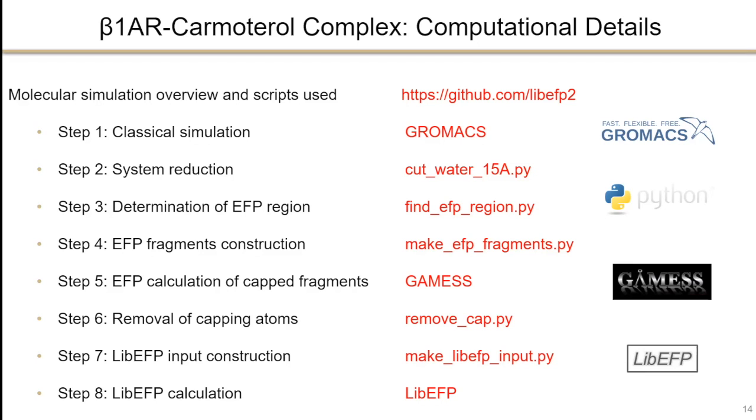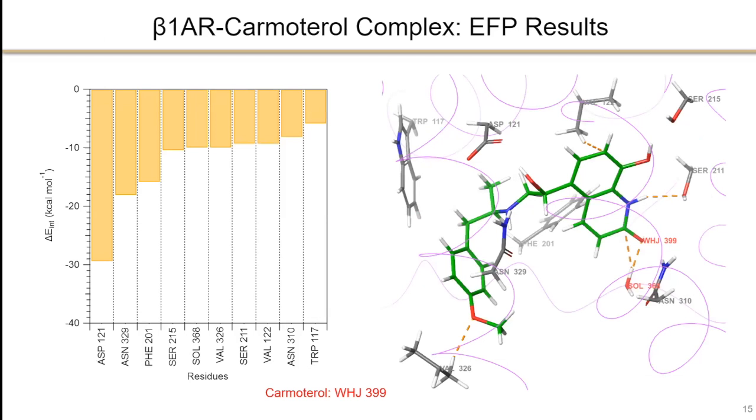Okay, now let me show you some of the results we got for this particular example. For the beta 1 AR carazolol complex, we calculated pairwise interaction energies. Here I'm showing you the 10 amino acids that have the strongest pairwise interaction energies with the ligand carazolol.